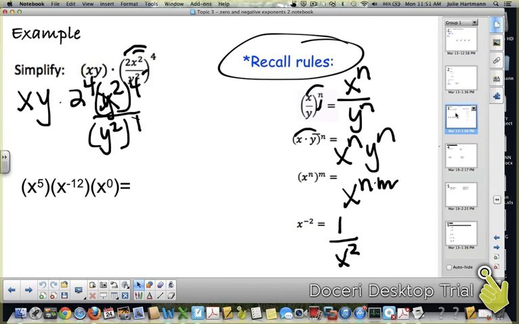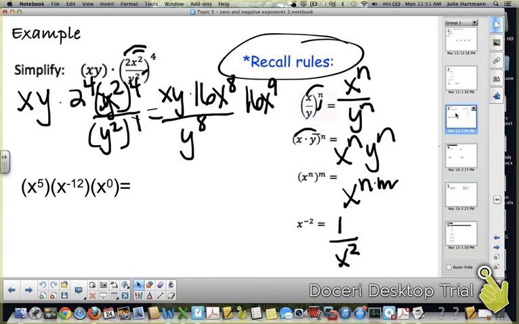Now, that is going to be xy times 2 to the 4th, 2 times 2 times 2 times 2 is 16. X squared to the 4th, 2 times 4 is x to the 8th, all over y squared to the 4th, 2 times 4 is y to the 8th. Now you can combine 16, x times x to the 8th would be x to the 9th.